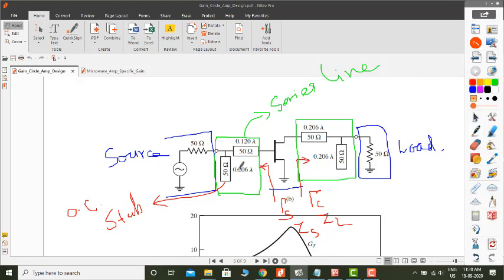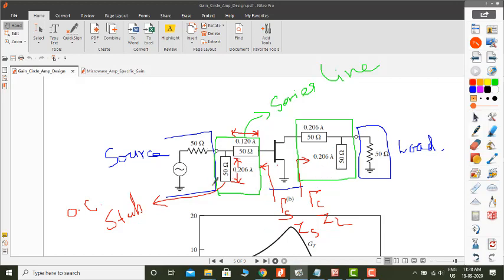The only thing is we have to compute the length. So in this problem, the length is 0.206 lambda. Similarly, the length of the series transmission line is 0.12 lambda. So these are the two lengths.